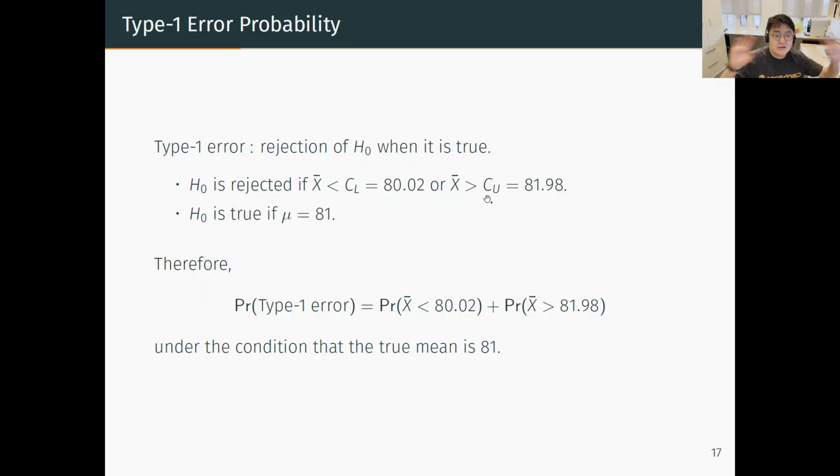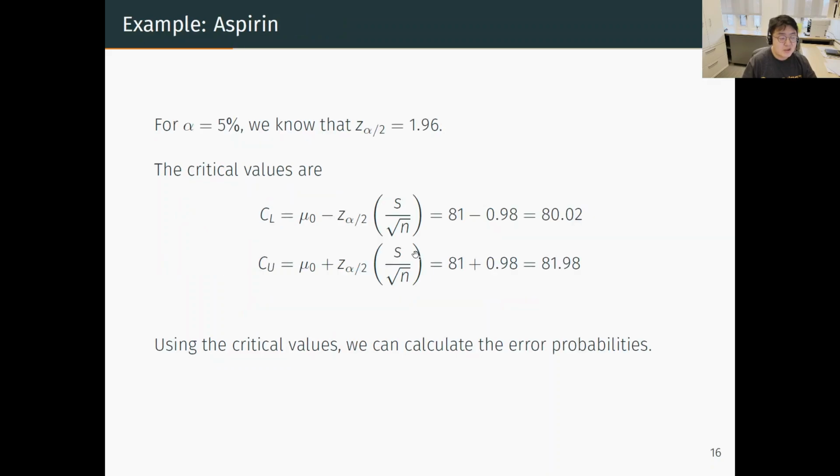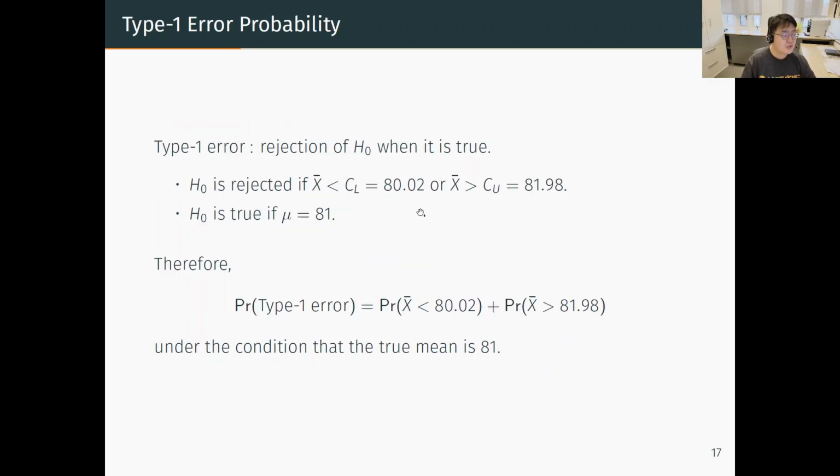So it's outside of the critical values, which were calculated here, right? If the realized sample average is below 80.02 or greater than 81.98, then you have to reject the null hypothesis. Something is not correct.